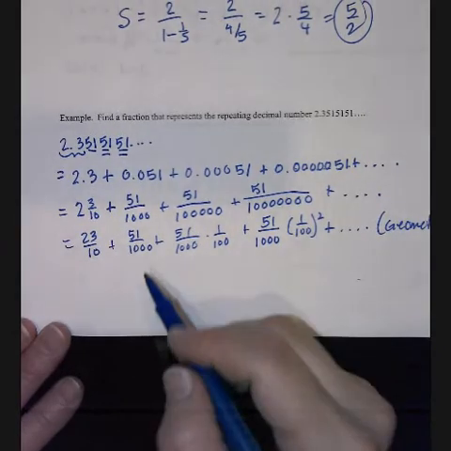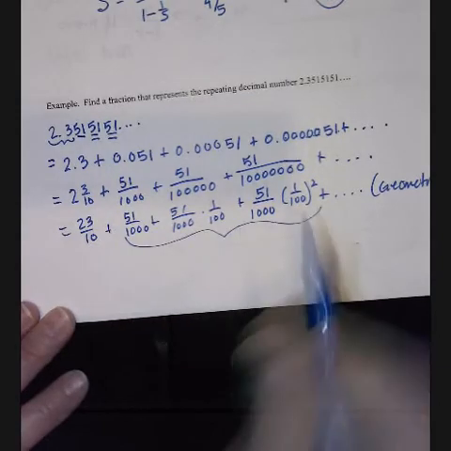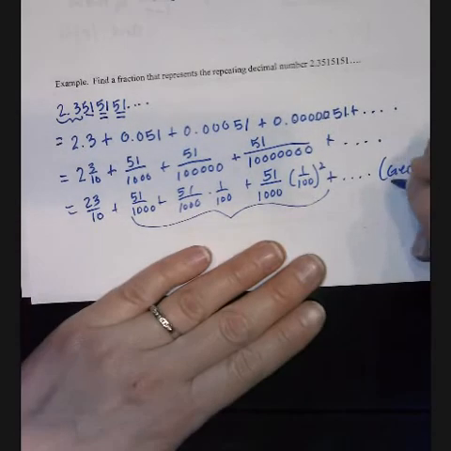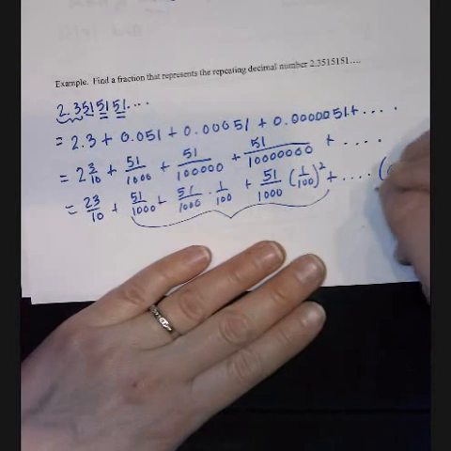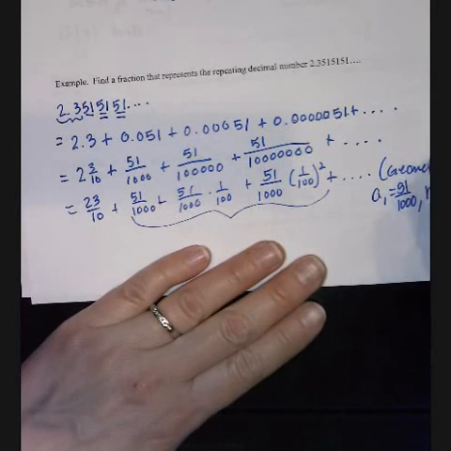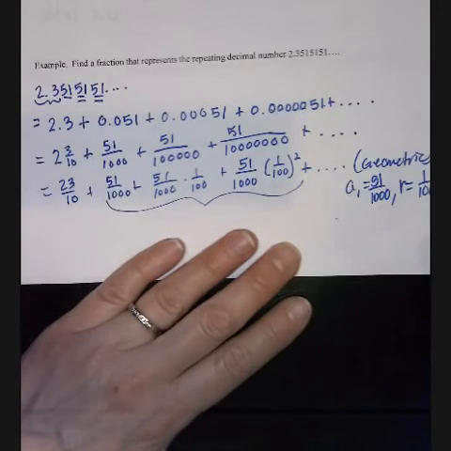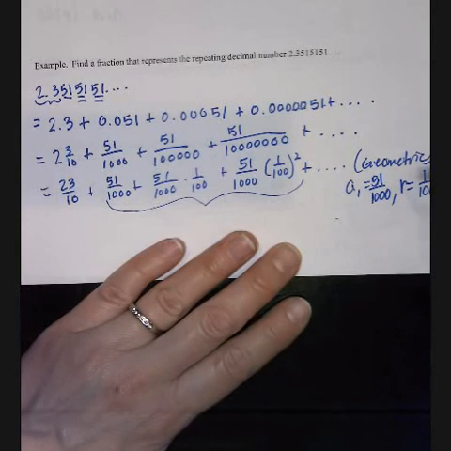At least this part is, right? Since that's geometric, and in this case, a sub 1 is 51 over 1,000, and r is equal to 1 over 100. Since r is less than 1, we can use the formula for an infinite geometric series.